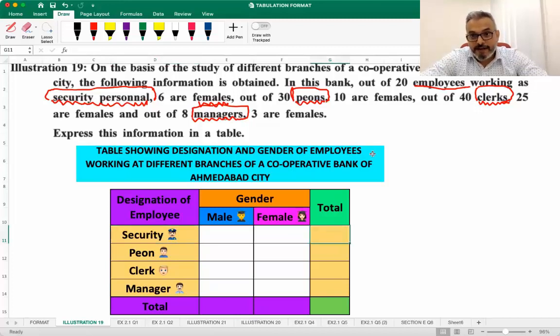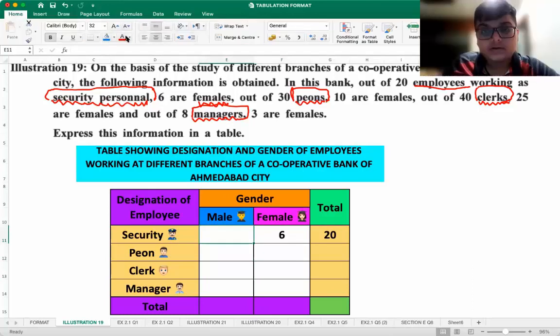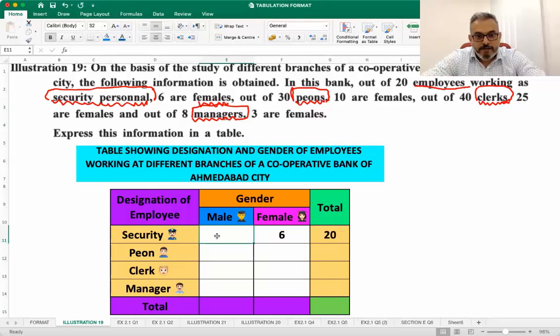They are 20. So out of 20 employees, in the total column, you write 20. 6 are females. So in the female column, you write 6. So how many are male? 14.